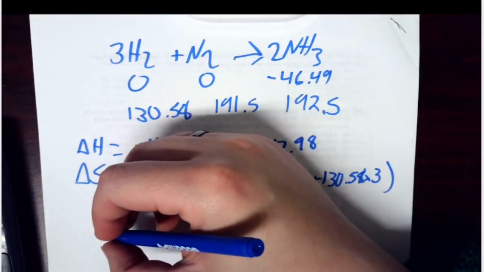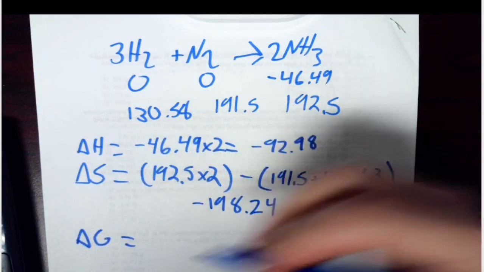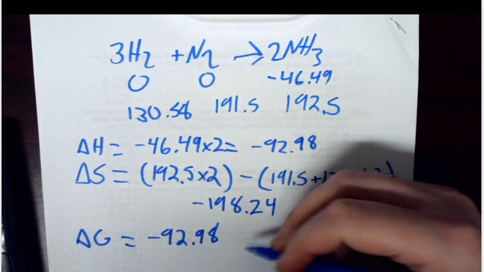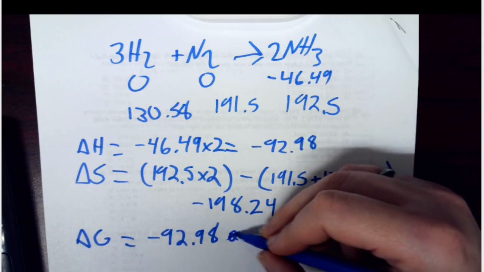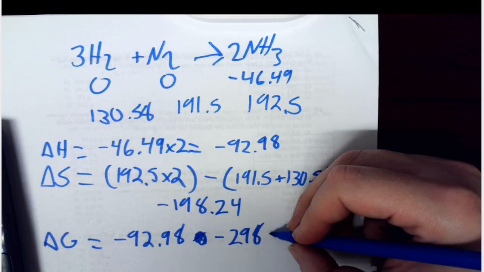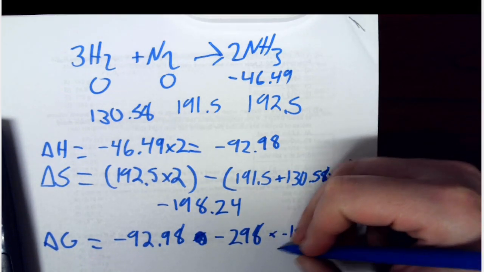So, delta G. So we have negative 92.98 minus 298 times negative 198.24 divided by 1,000.